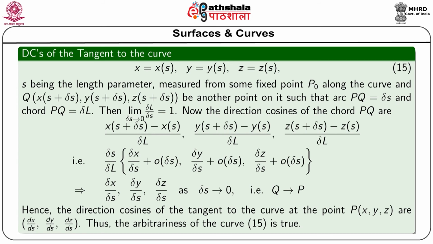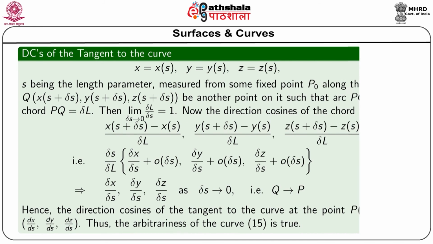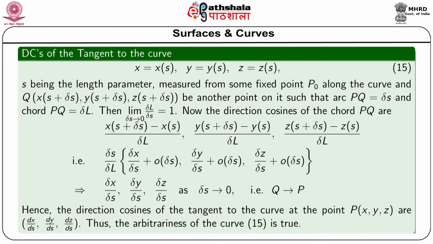So, here s is our parameter, and in this case s is taken as the arc length which is measured from a fixed point P0 along the curve. And let us take another point Q in the neighborhood of the point which has coordinates x, y and z.